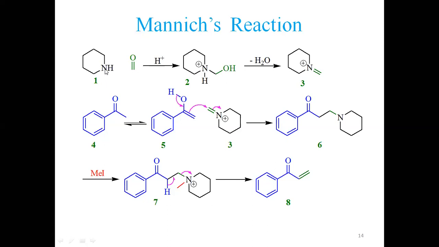If this OH group is present, it has been protonated. When it is protonated, the oxygen shall be positively charged. This electron pair shall transfer onto oxygen, making this carbon electron deficient. So this nitrogen's non-bonding electron pair shall be transferred to this carbon, generating a nitrogen-carbon bond. Right? This is a nitrogen-carbon bond, and we get an OH here.